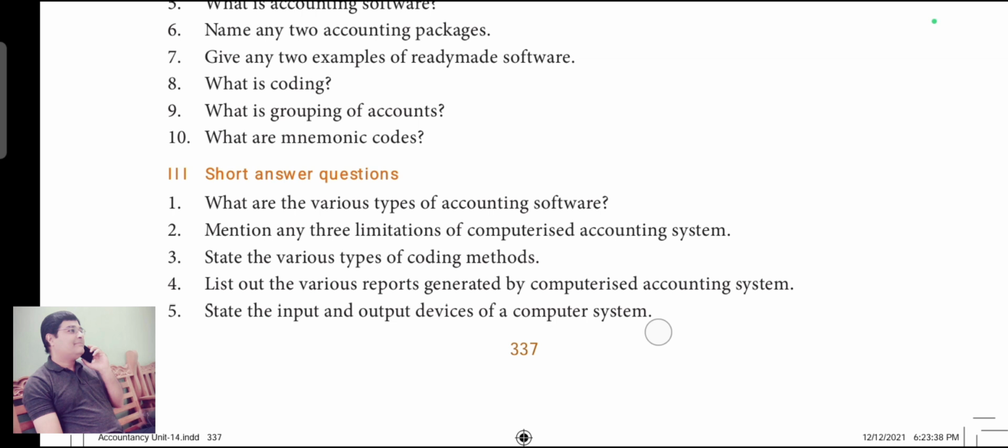To score easily in the board examination, minimum 60 marks, so that you can read the chapter number 3 journal entry, 5th chapter trial balance, 6th subsidiary book 1, 7th subsidiary book 2, 11th capital and revenue transaction, rectification of error is also one of the easy chapter.